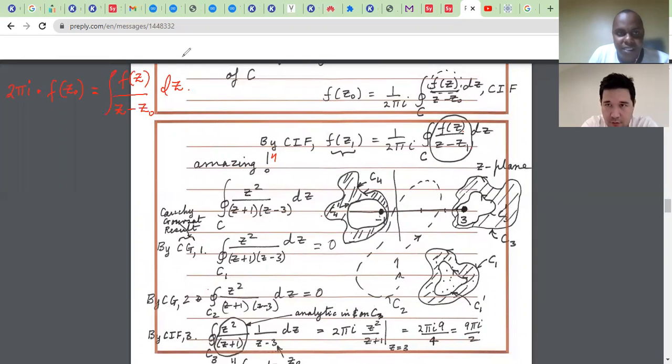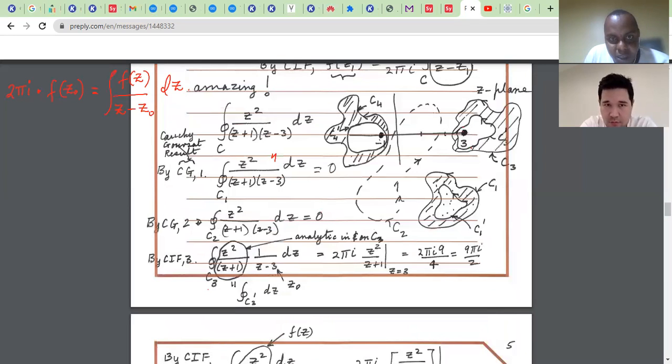Yes. So let's calculate. This integral is going to be 0 because it's analytic. It's also 0 because it's analytic. But at this point, it's not 0 because it's not analytic. There is a pole at z0 equals 3, right? Yes. So what will the integral become?